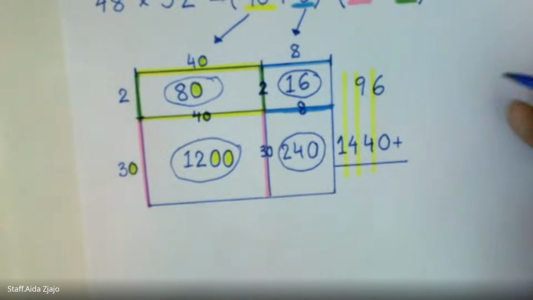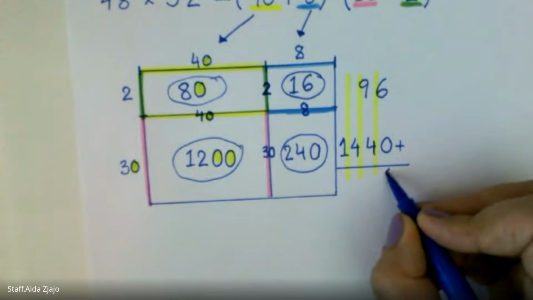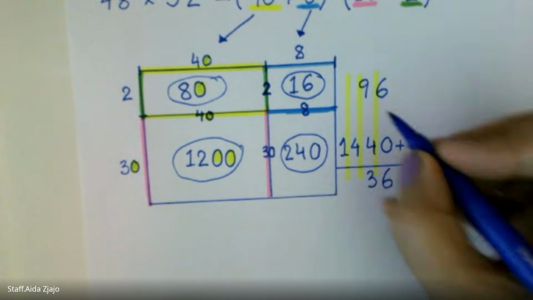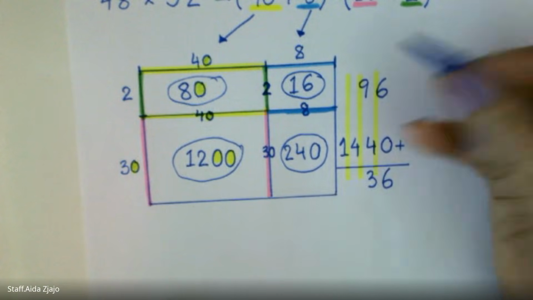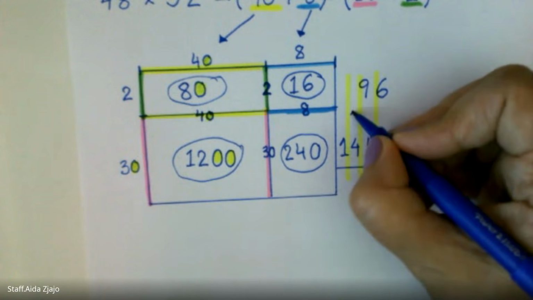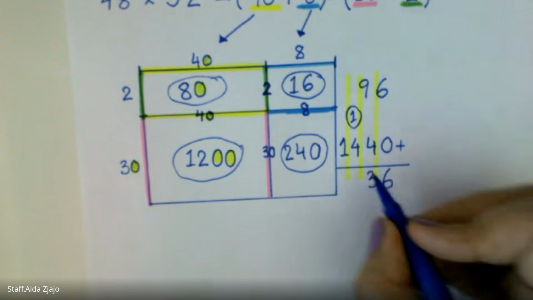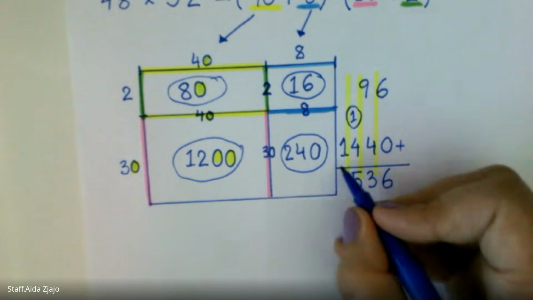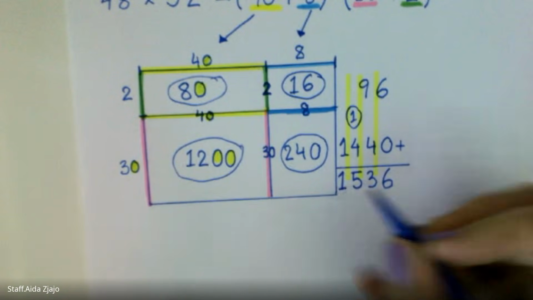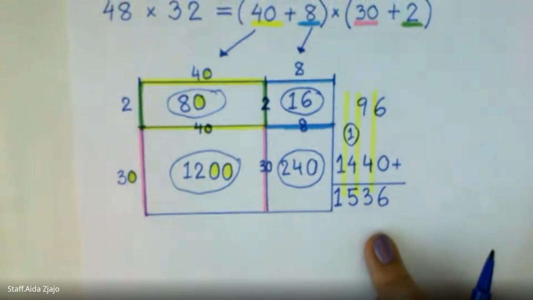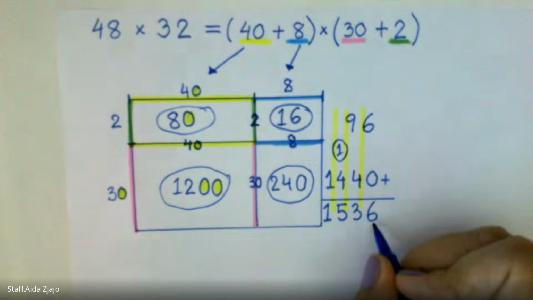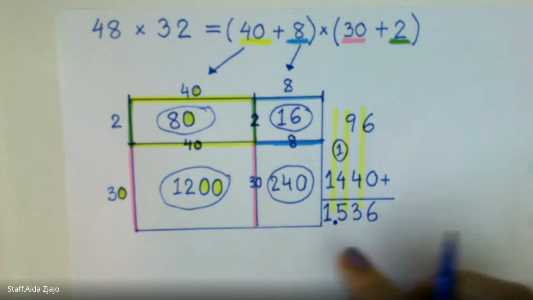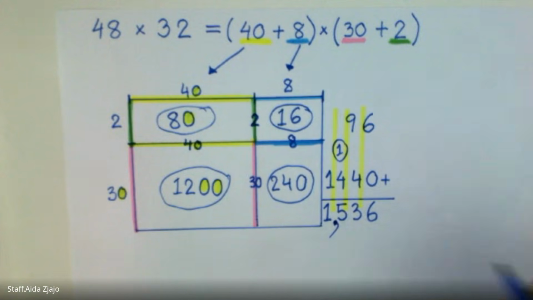So if I add these two together, they will give me what the product of this multiplication is. 6 plus 0 is 6. 9 plus 4 is 13. I remember I made 100, so I can add whatever I like. Then this becomes 1 and 4 makes 500, and I have 1,000. When I have all the numbers in a place, ones, tens, and hundreds, they make a period of ones, so I need a comma there.